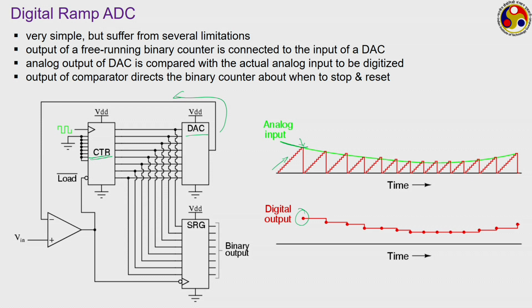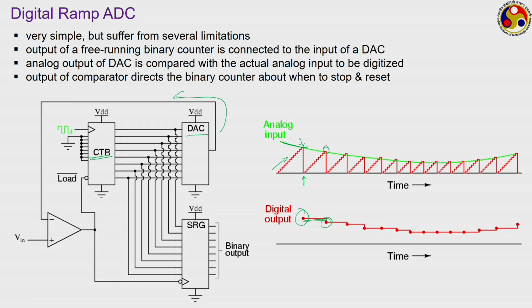So, the operation of this comparator is to ask the binary counter to stop as soon as the output of this DAC becomes greater than the actual analog input. Immediately the counter comes back to 0 and then again continues to operate, 1 bit at a time, and it continues to increase till again it encounters the analog signal like here. During that entire period your output is stuck here, then here you get another output.